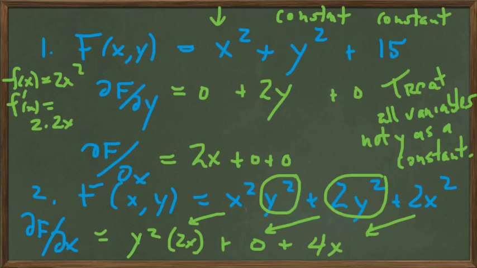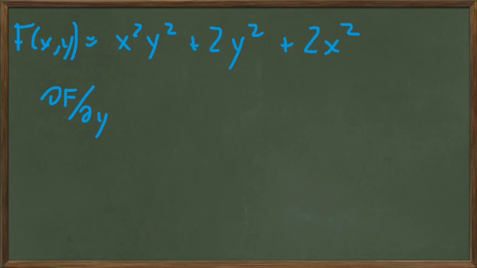So now let's go to the next blackboard to see how to take this function's partial with respect to y. So we do the same thing in identifying what is constant with respect to the variable y. So this factor x squared is treated like it's a constant, and this whole term is treated like it's a constant.